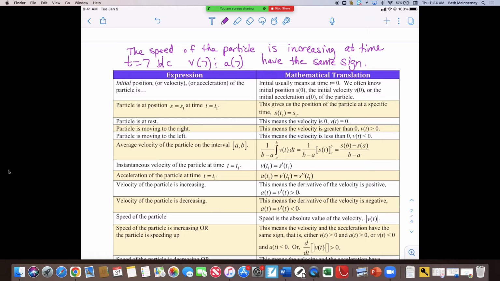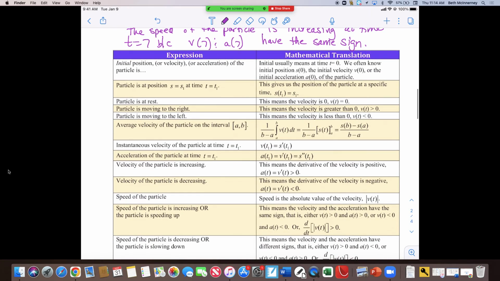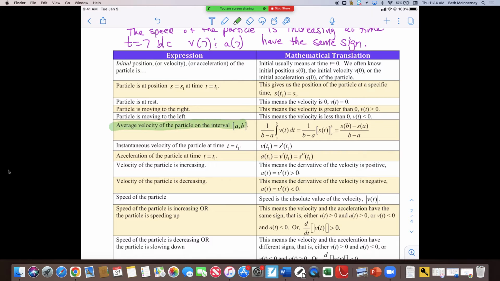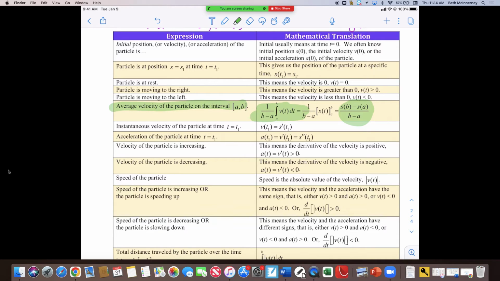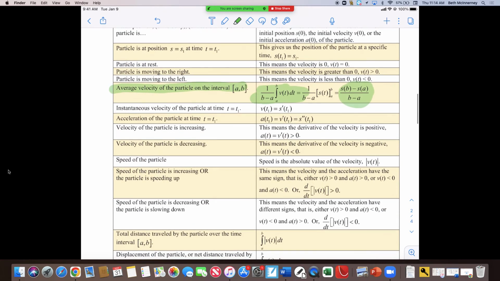So now let's connect this to what we did in 8.1. Average velocity is 1 over b minus a, the integral from a to b of v of t dt. That's also the average rate of change, s of b minus s of a over b minus a. Instantaneous velocity is s prime of t. Acceleration is the derivative of velocity, or the second derivative of position.